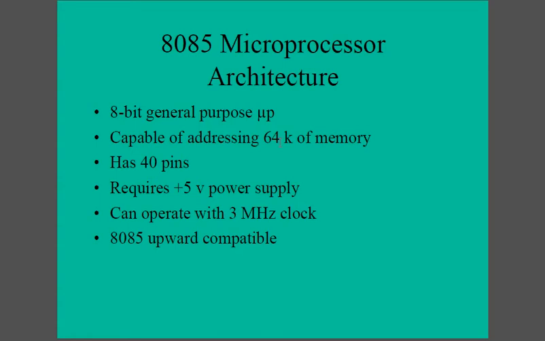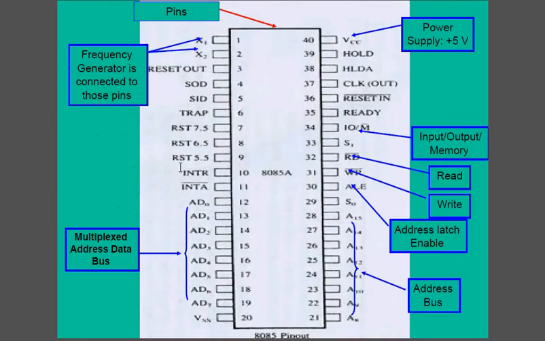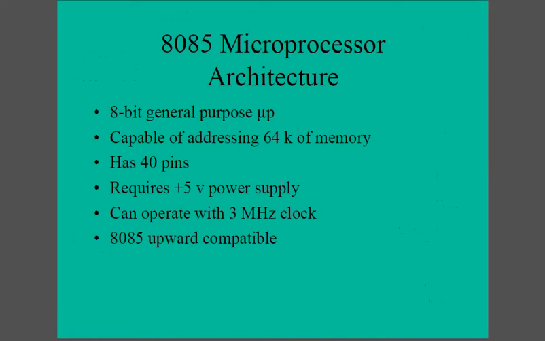Different processors have different capabilities of addressing memory. So the 8085 can address up to 64 kilobytes of memory, and it has 40 pins. We can see here they have 40 pins, and it also requires a 5-volt power supply. To operate this chip, you have to supply it with 5 volts, and then it can operate with a 3 megahertz clock. This is the clocking, where you have to provide the clock so that the processor can operate.